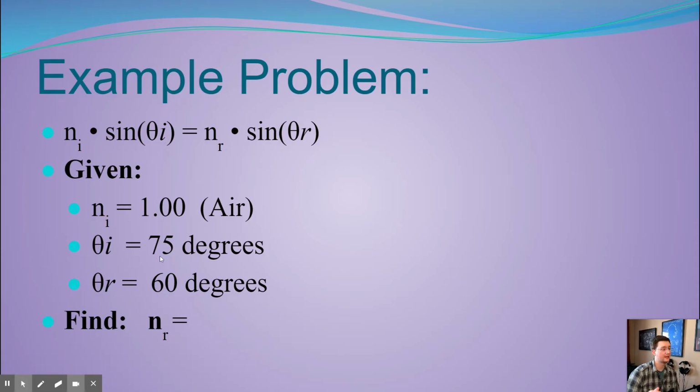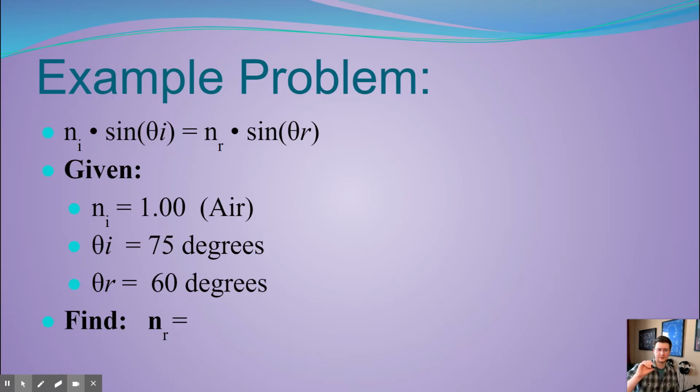We're going to go ahead and find the answer to this question, just an example problem for you. We have our equation listed above, and what we've been told is our original starting point. Our original index is air, which is 1. We're taking a laser and shining it through the air, and we have our original angle at 75 degrees.